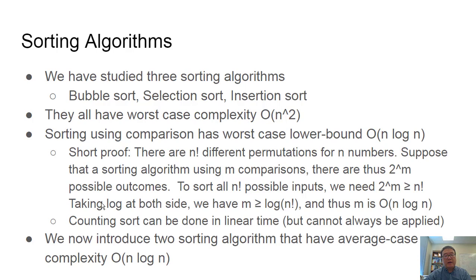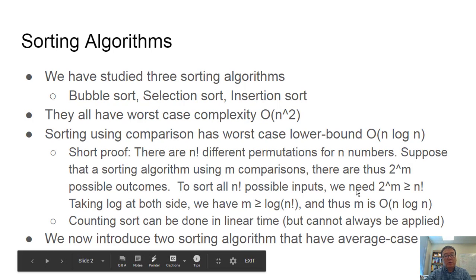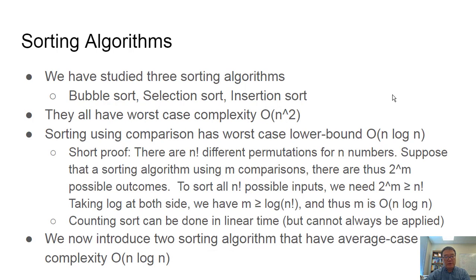So if we only have up to, say, 10 to the 6 possible items, then we can sort an arbitrarily big array in linear time, because we just need to scan through them, counting at the same time, and then print out the result. But that only works when the domain is small. More generally, counting sort is not always applicable.